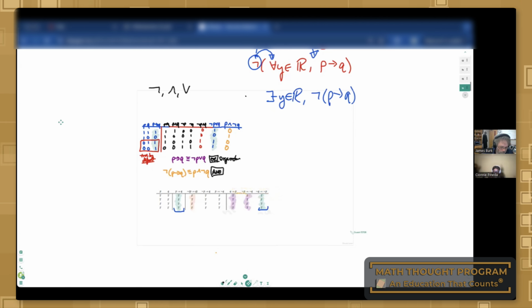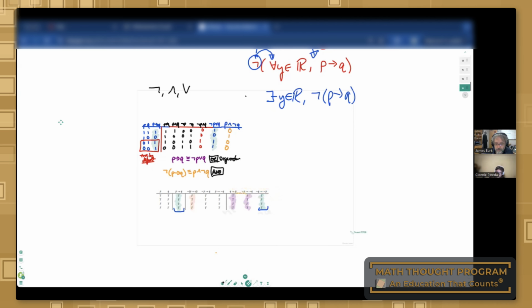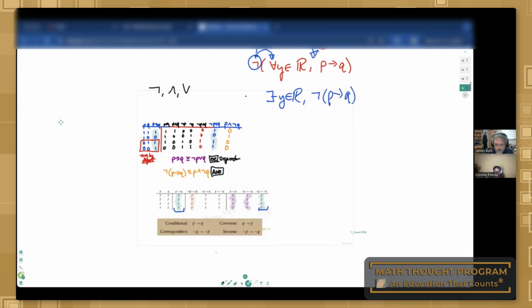We could talk about something called the converse and the inverse. Here you go. So the converse is logically equivalent to the inverse. The converse is not the same as the conditional, but the conditional is exactly the same as the contrapositive.